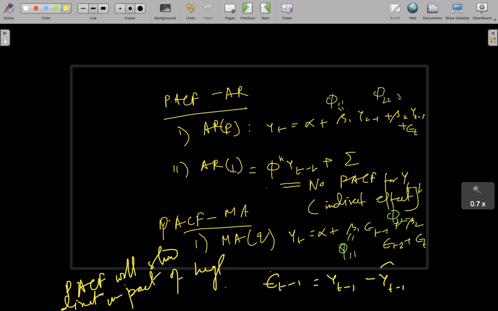So it is quite the opposite of what you have seen for AR series. Now, keeping this in mind, if I consider a higher order MA series and express that higher order MA series in terms of higher order lags, it will have a lot of direct effects basically if we do that.